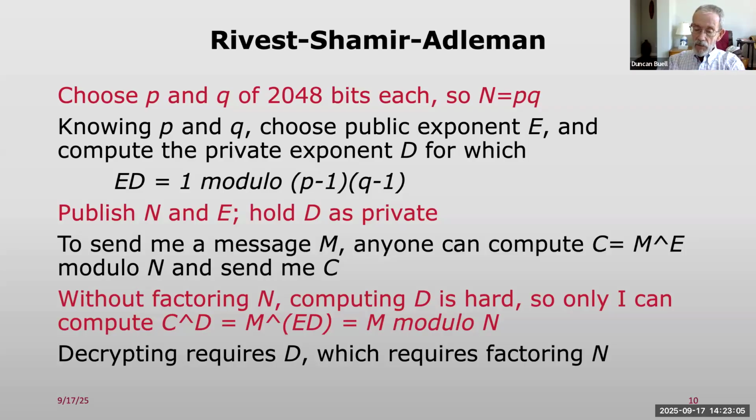And the whole business of choosing P and Q properly is, there are certain 4096-bit numbers that are trivial to factor if the P and Q are chosen badly. But if you choose good P and Q, then you can't compute D without factoring N.